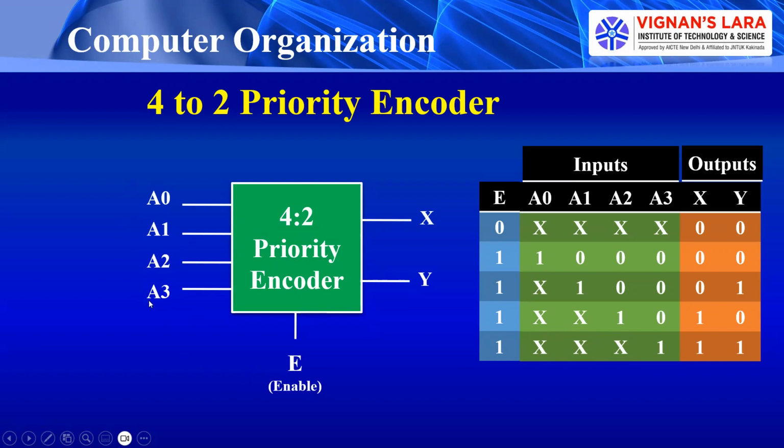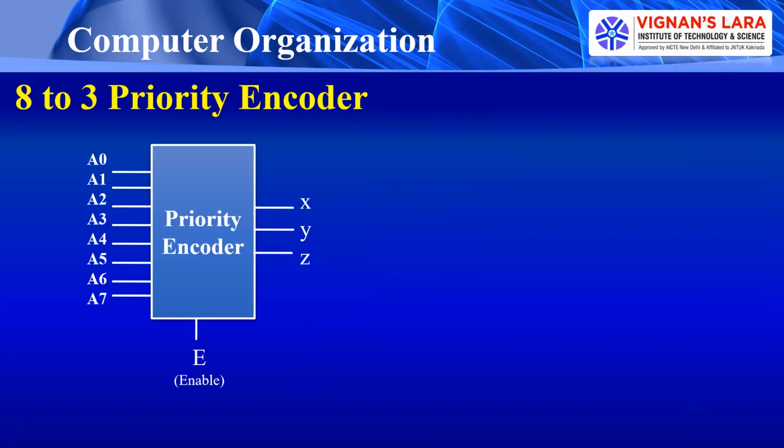And last, for generation of the A3 code, whatever combination is present on A2, A1, A0, it should produce the binary code for only A3. The reason is it has the highest priority compared to the remaining inputs. That is proved here. A3 value is 1, A2, A1, A0 values are don't care. Still your priority encoder produces the code for A3, which is 1, 1. So this is useful for us compared to the normal encoder.